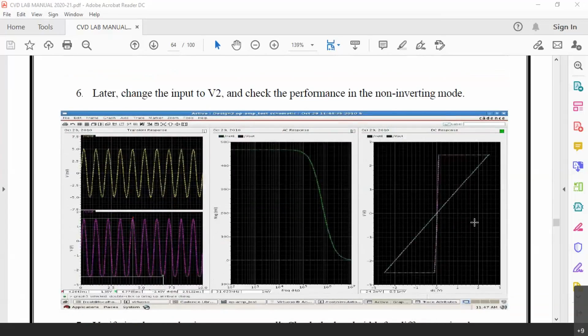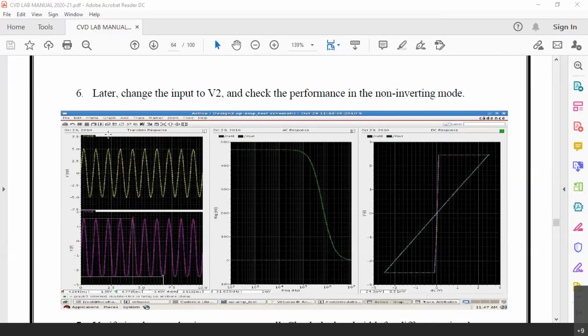Now, you can connect it as a non-inverting amplifier. Sorry, not connecting the feedback to the positive terminal. The circuit will remain the same. Only thing is the series resistor's other end is connected to ground and the input is applied to the positive, non-inverting terminal.